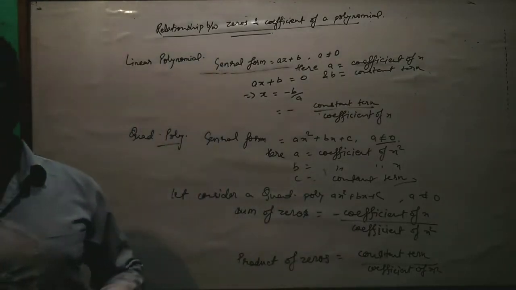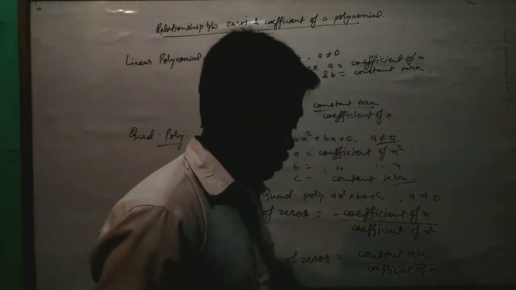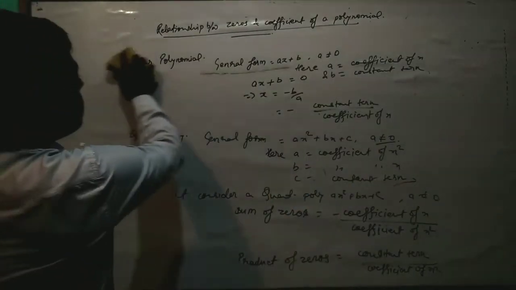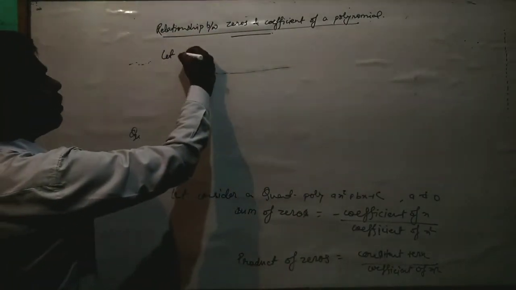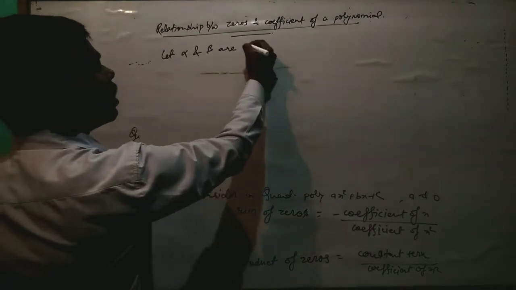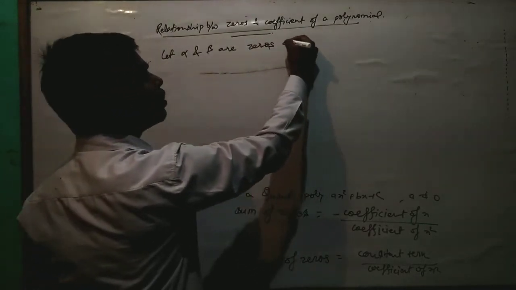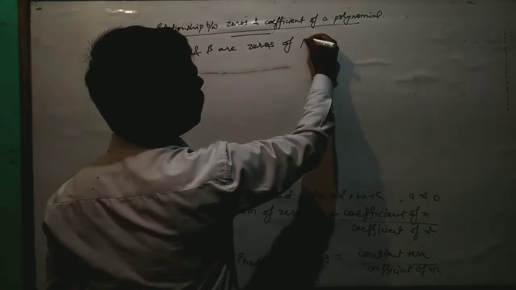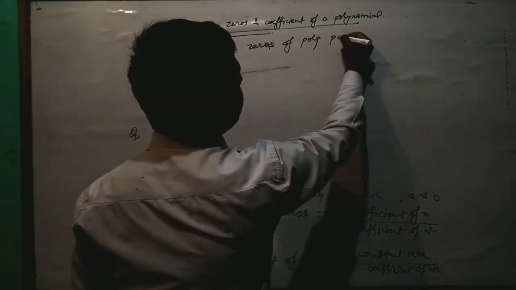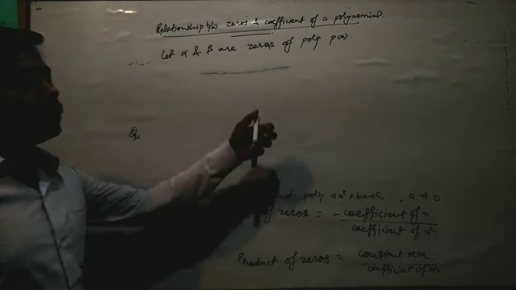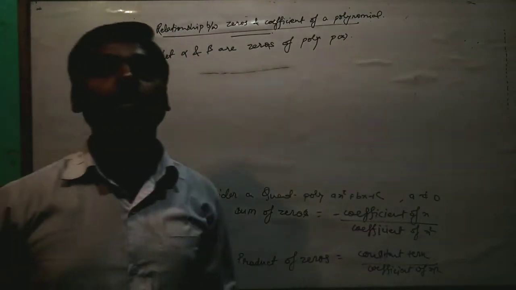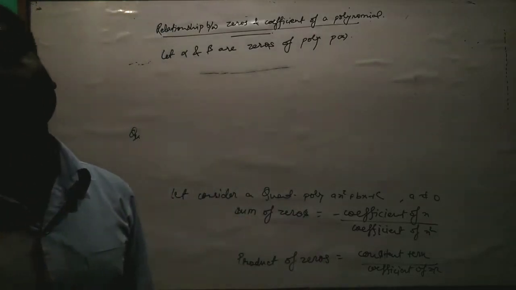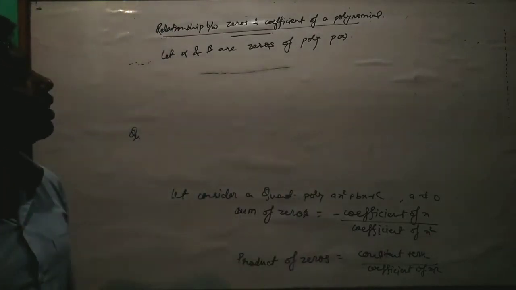How does it come? Let alpha and beta be the zeros of the polynomial p(x). p(x) we considered previously: p(x) is ax square plus bx plus c, where a is not equal to 0.